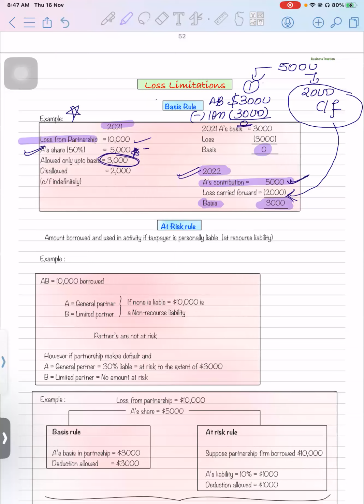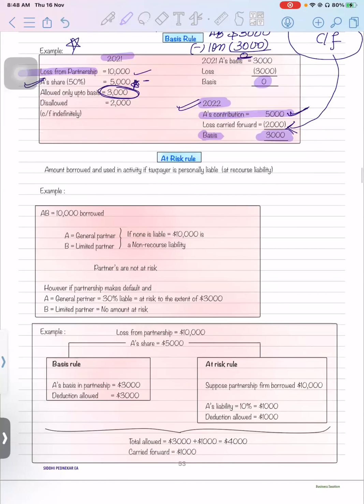Second rule we are going to check is at risk rule. Now let's take the same example, but in this, let's keep Mr. A as a general partner, and there is Mr. B who is a limited partner. They have borrowed $10,000, right? So can I say Mr. A, being a general partner, will be liable personally?